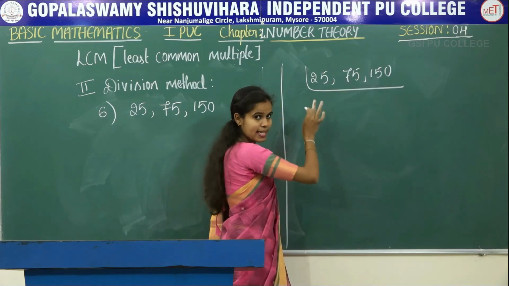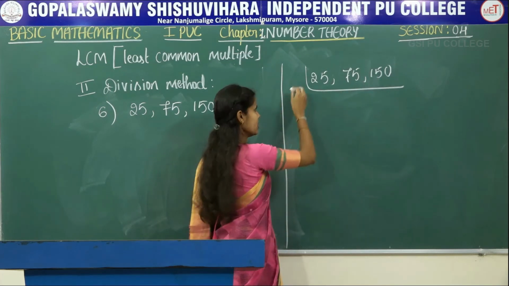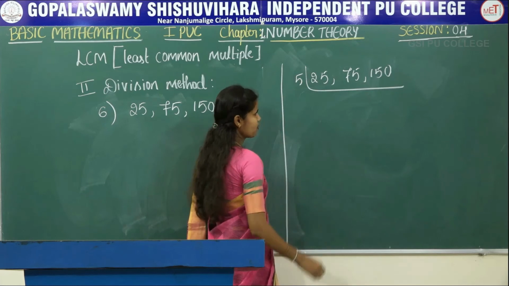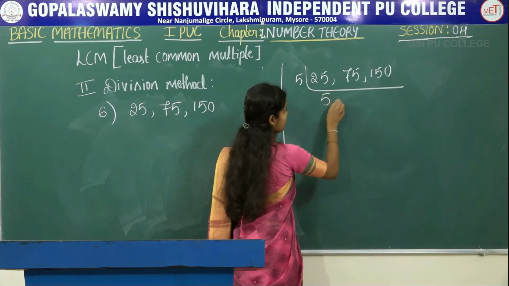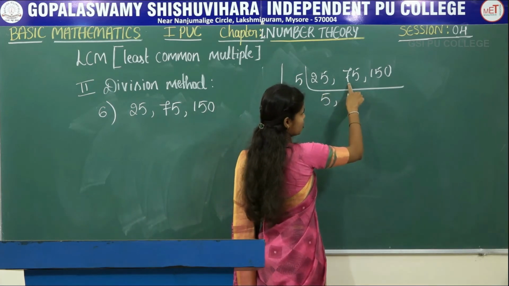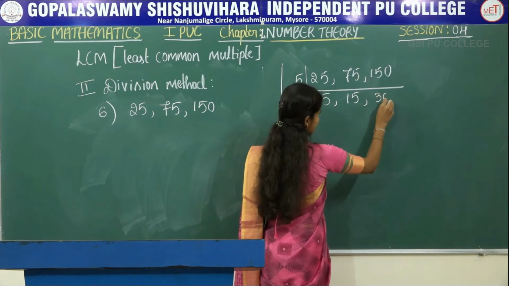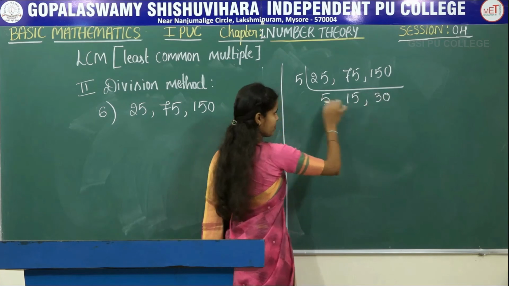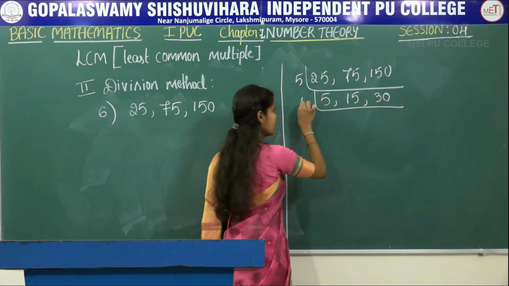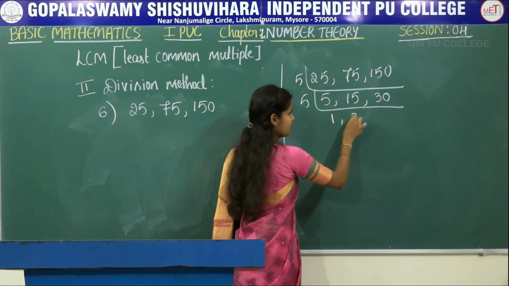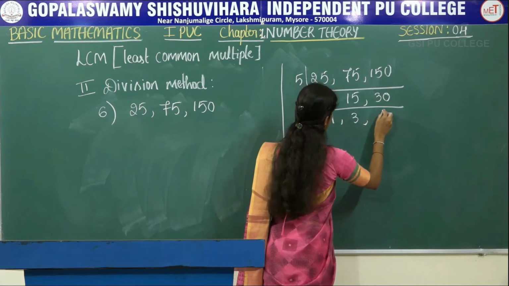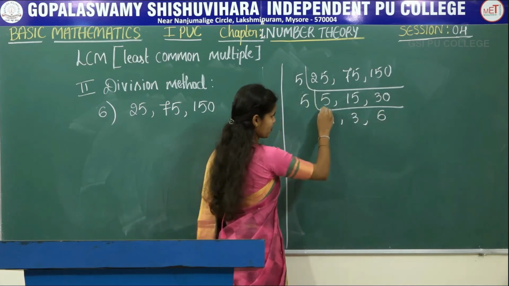These three numbers are exactly divisible by prime number 5. Therefore divide by 5. 5 5s are 25, 5 1s are 5. So 25, 5 5s are 25. Next 5 3s are 15, 5 6s are 30. Again 5, 15, 30, again it is divisible by 5. So 5 1s are 5, 5 3s are 15, 5 6s are 30.